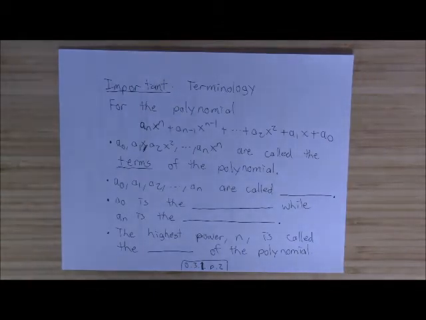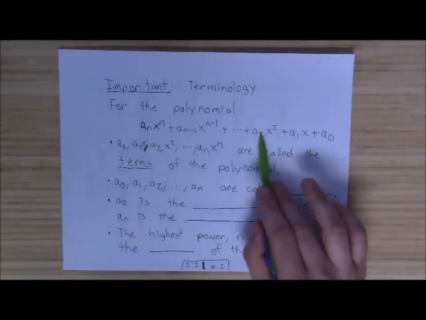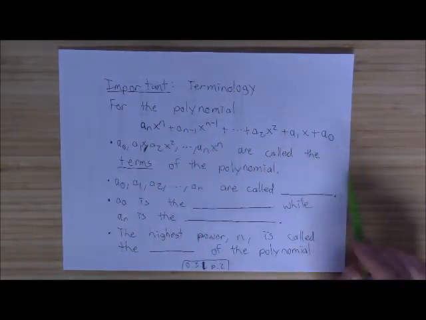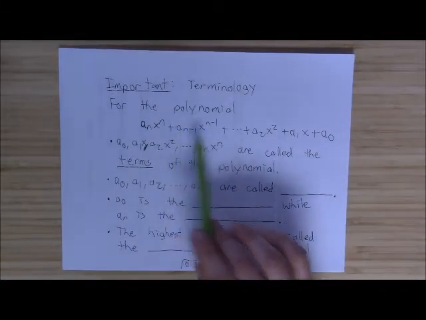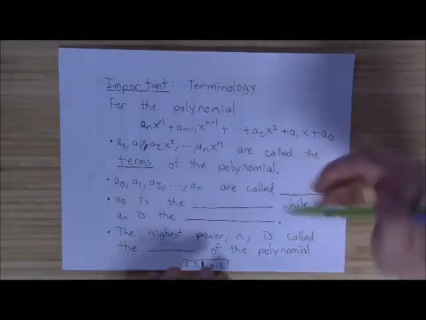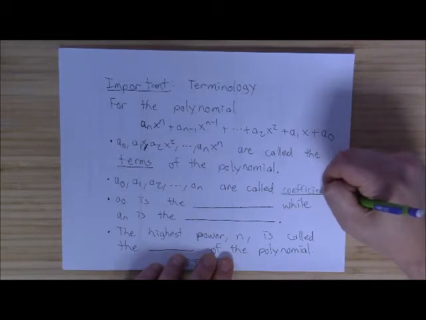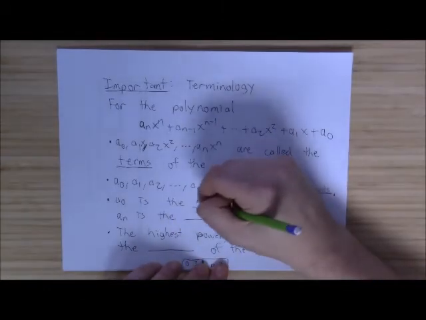There's some important terminology for this. So again, consider that polynomial. Here, the A0, the A1x, the A2x squared, and all of these different pieces that are added together, they're each called terms of the polynomial. We also call all of the constants on the front coefficients. As such, A0 is the constant term.